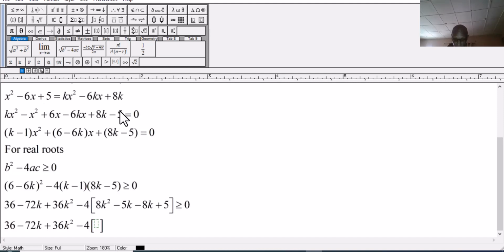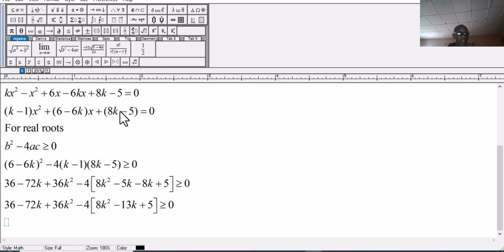Simplifying, that will give us 8k squared minus 13k plus 5 greater than or equal to 0.